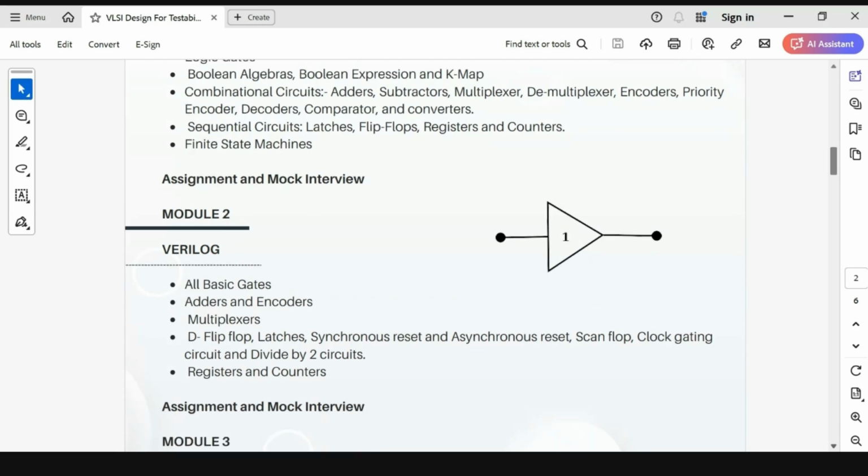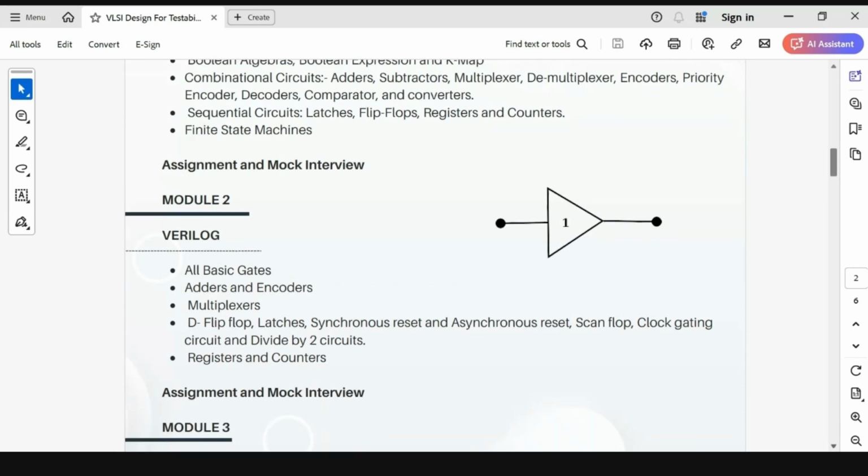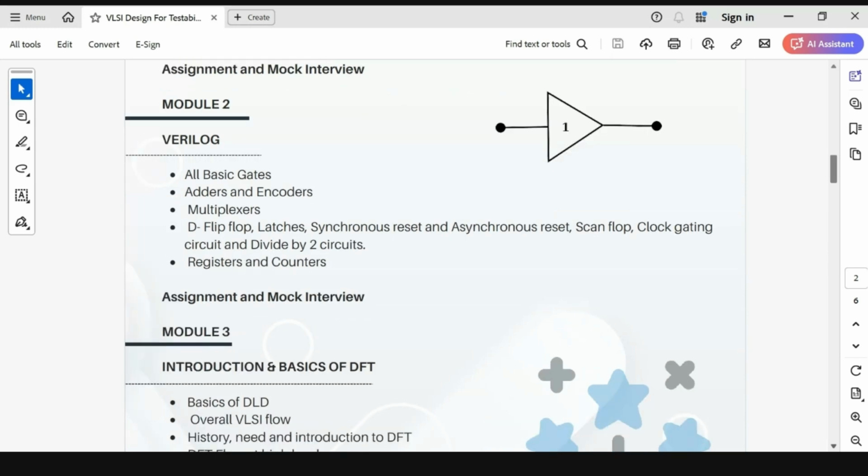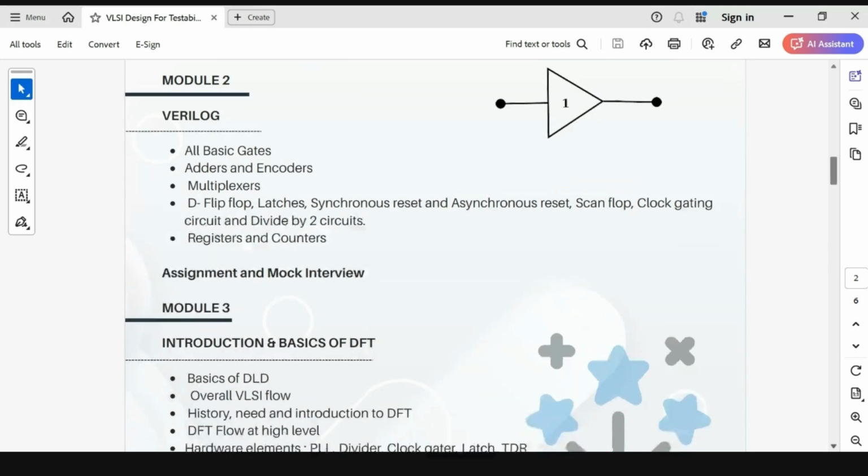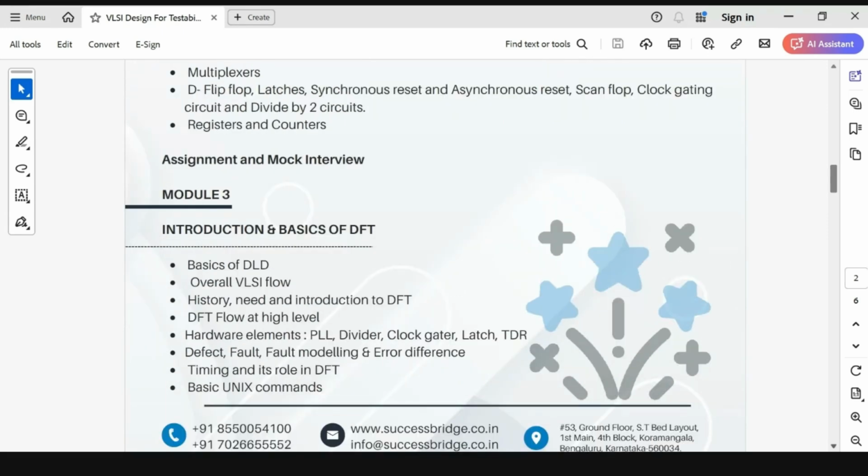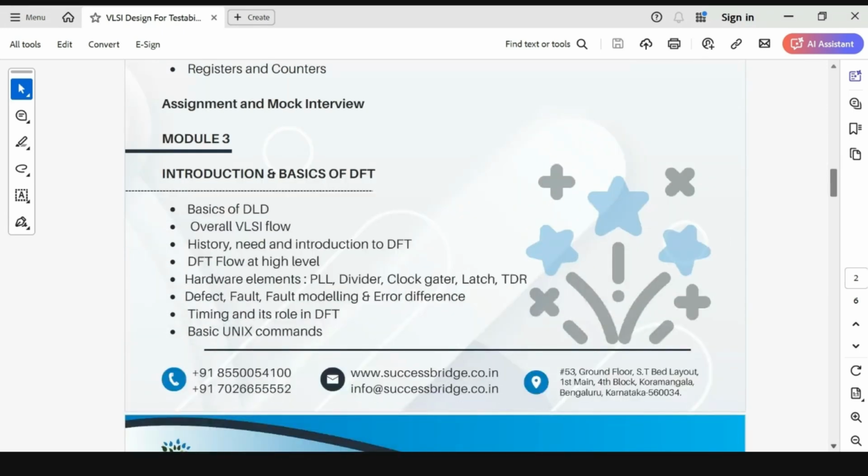Then module 2 would be Verilog, which will have all basic gates, adders and encoders, multiplexers, flip-flops, latches. Then we'll move to the main content, which is basic DFT.